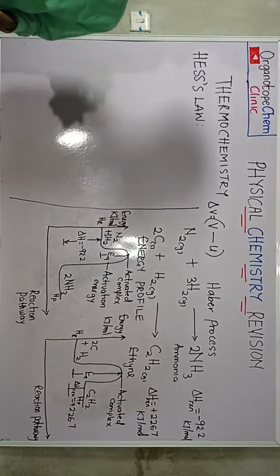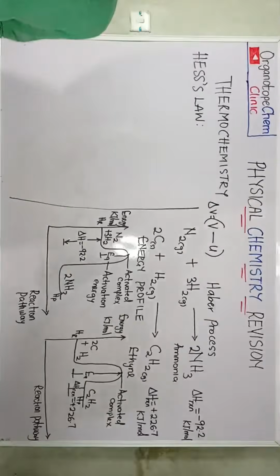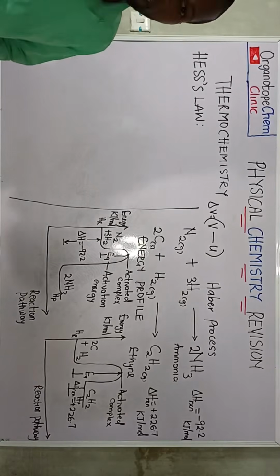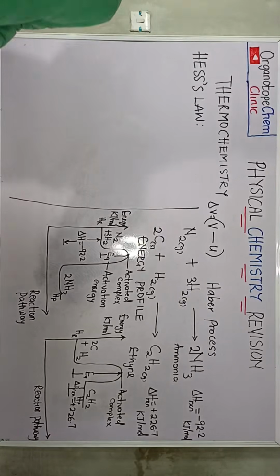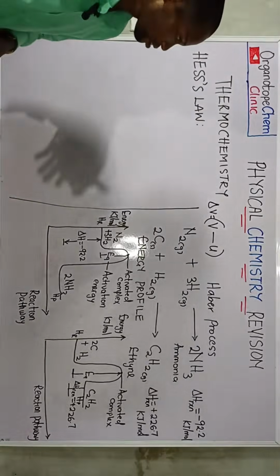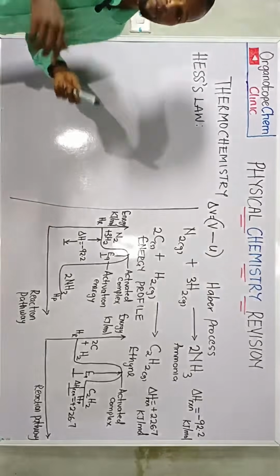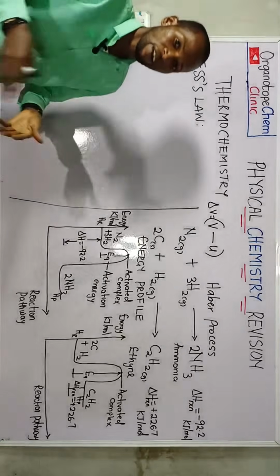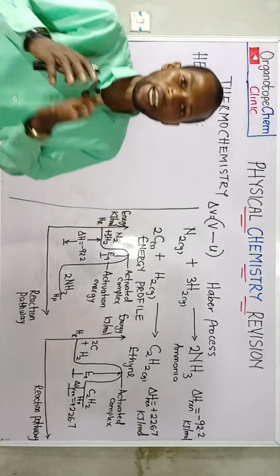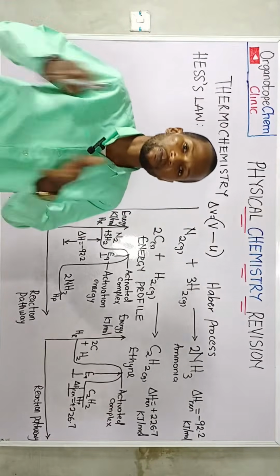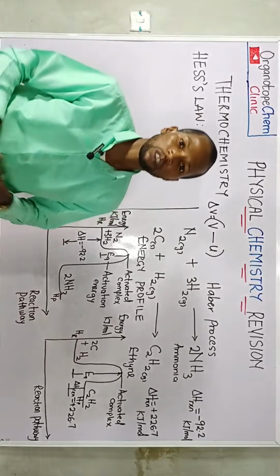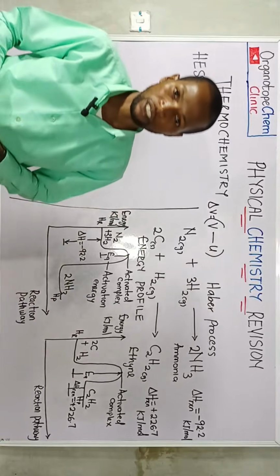Now, what is Hess's law? Hess's law states that if a particular reaction can be represented by a series of other reactions, then the algebraic sum of the enthalpy of the individual steps is equal to the enthalpy of reaction.